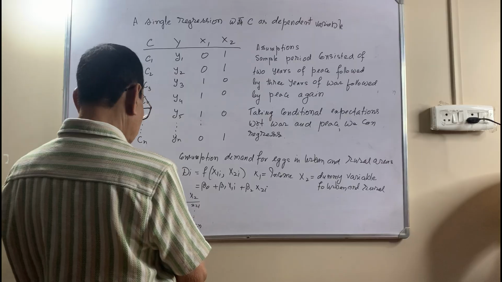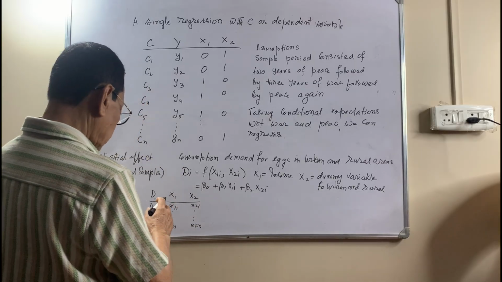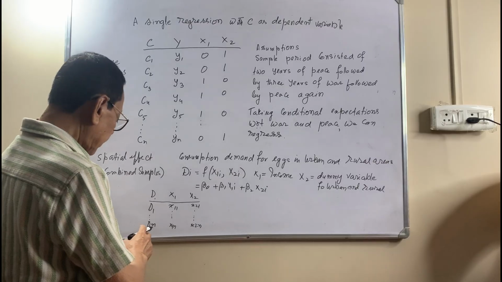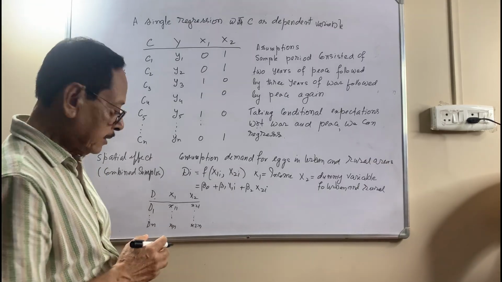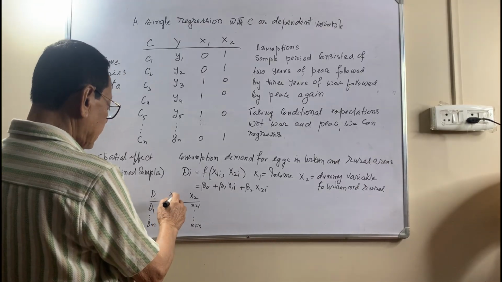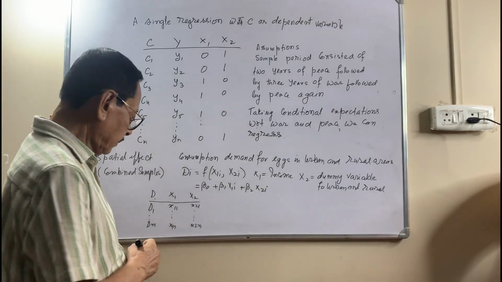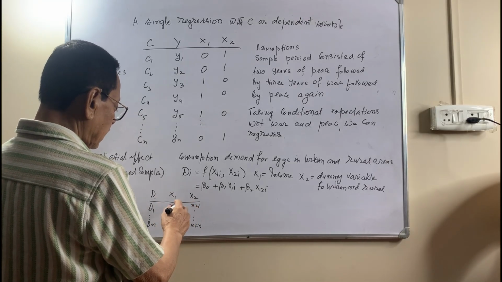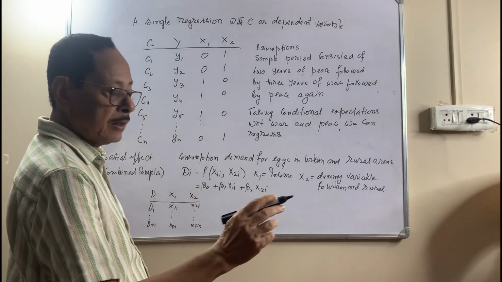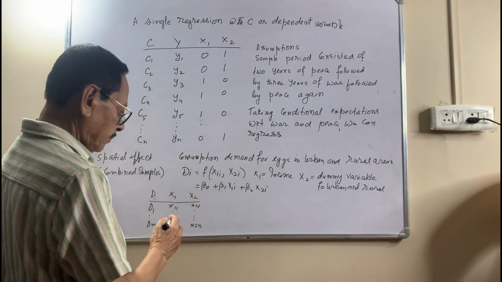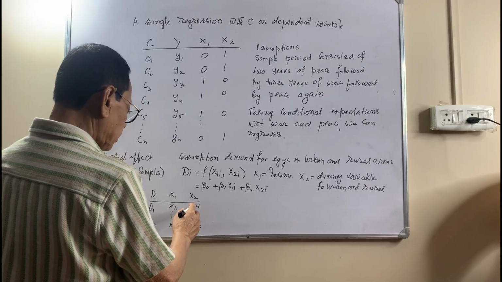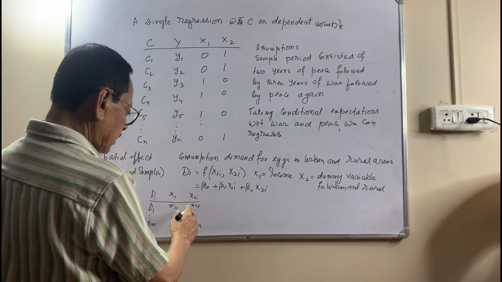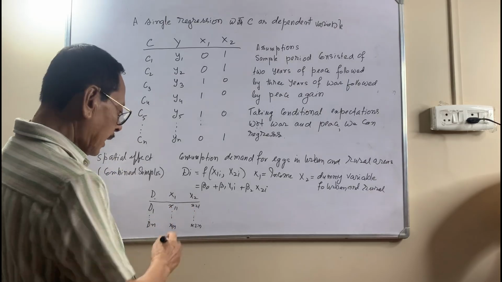Similarly, we will put here the demand, the number of eggs consumed in a year, and this is the annual income, and this is, if it is urban, we will put 1, otherwise 0. Suppose it is urban, then we will put 1. The next is rural, we will put 0, like that.